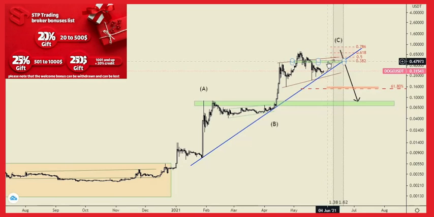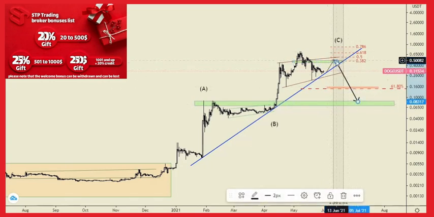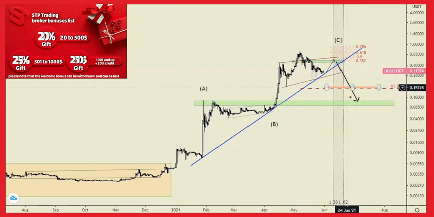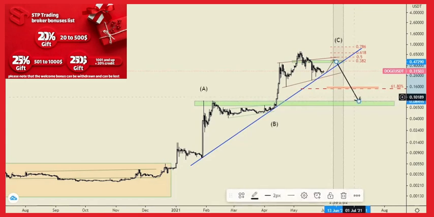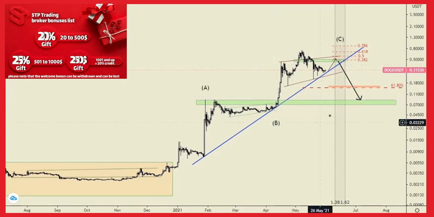Then after that, the minimum and main target is to return to the beginning of the same terminal pattern, and its overlap with the wave A selling zone is a nice area for this possible bearish trend.